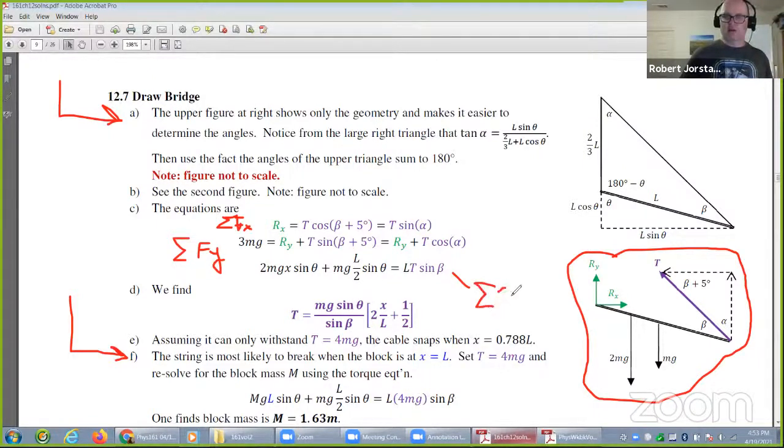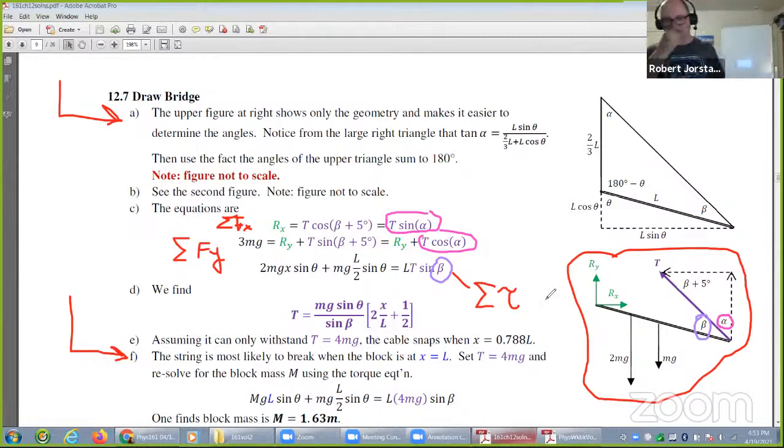Now, I want to point out one thing here, just to show you why you might do this. Look at the angle that appears on the tension. Alpha appears in the force equations, but beta appears in the torque equation.